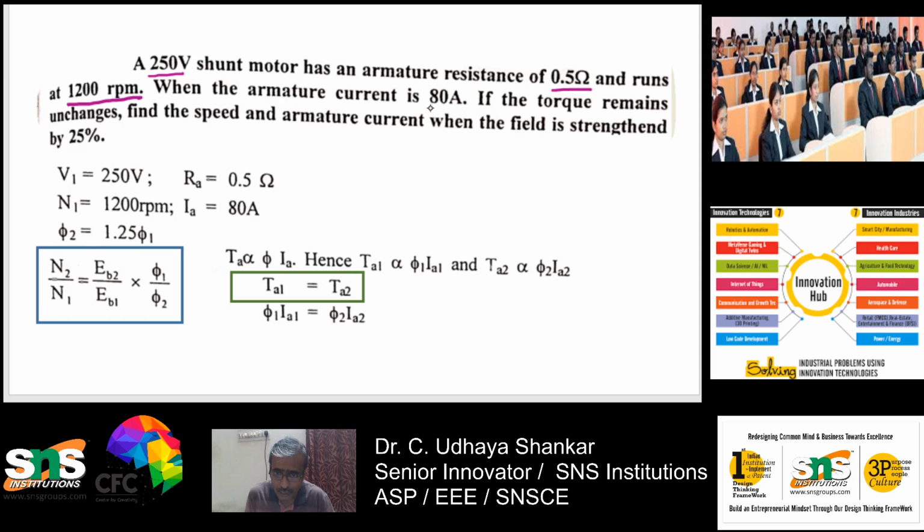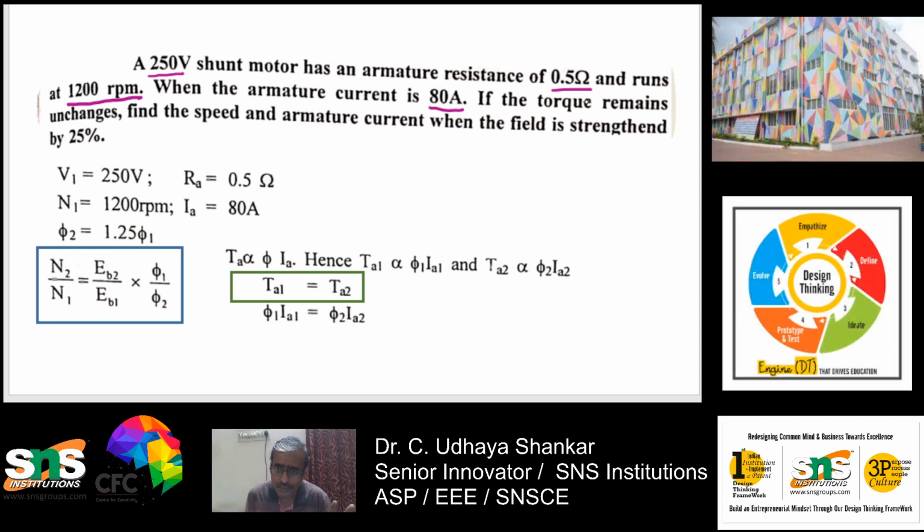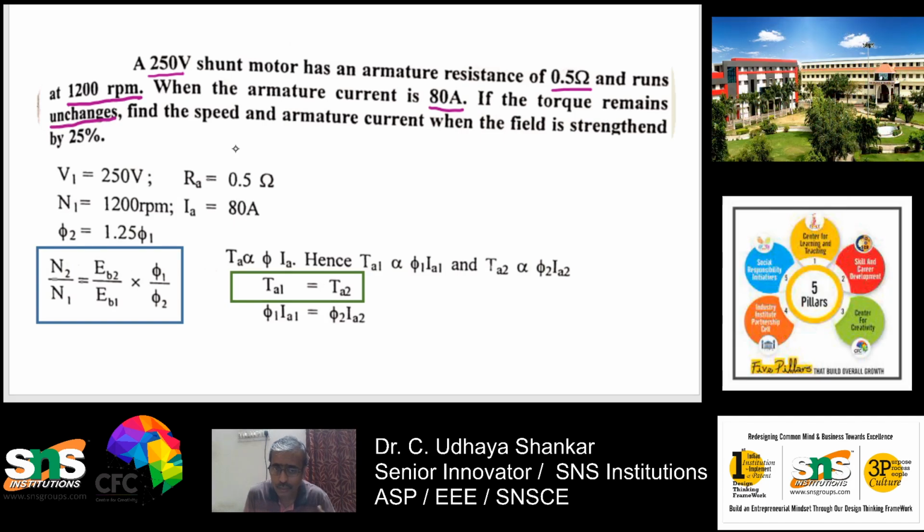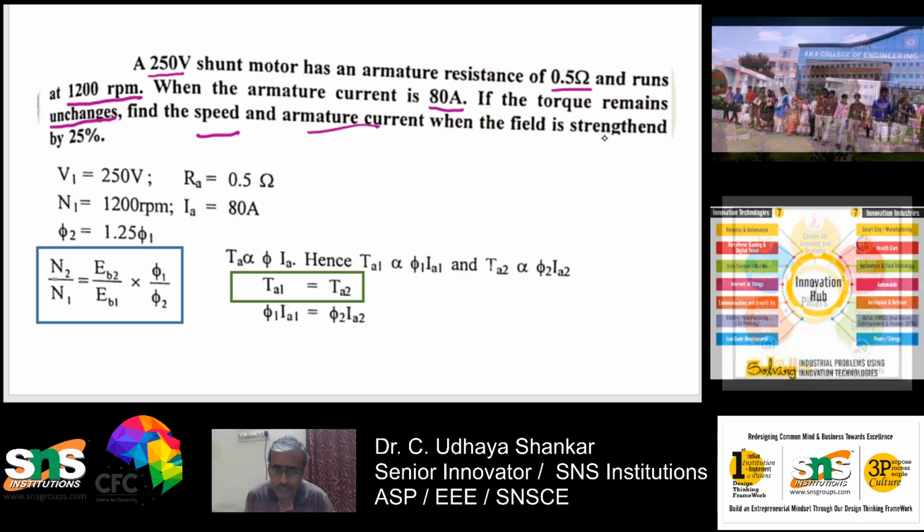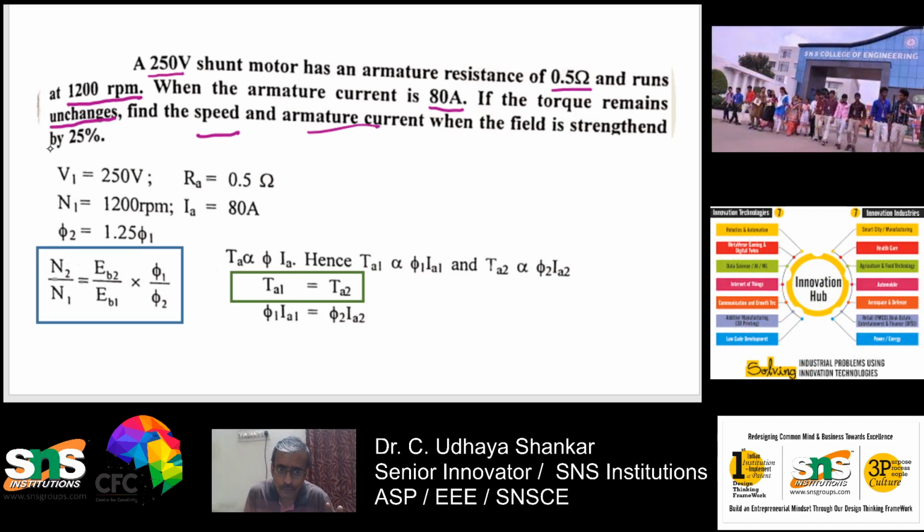The torque remains constant, unchanged means constant. So your problem falls under the first type. You want to find the speed and the armature current when the field is strengthened by 25%.